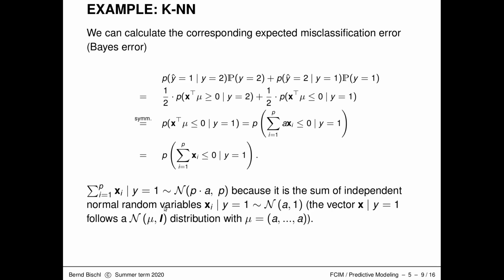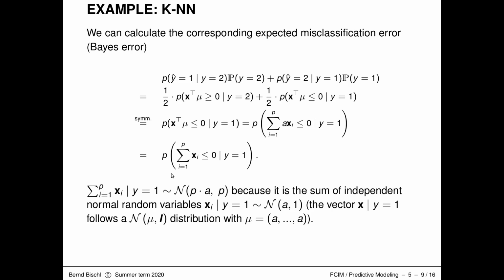So what we know is that all of these xi are independent normal random variables with mean value a and standard deviation, or variance, 1.